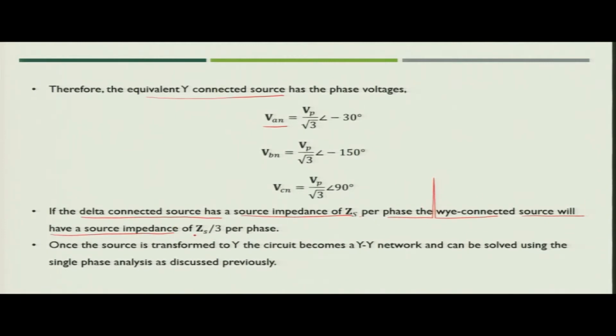The source impedance becomes ZS by 3, as we saw when we did the star delta transformation. Once the source is transformed into Y or star, the circuit becomes a YY network, which can be easily solved using single phase analysis, which we have already discussed.